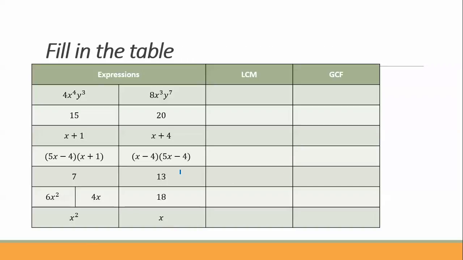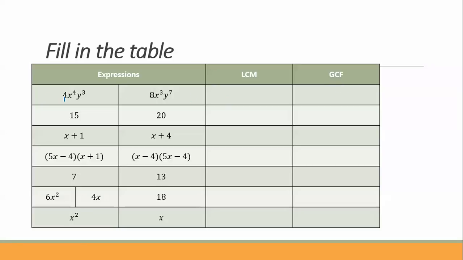So let's look at all of these. There's a couple different possibilities. The least common multiple of 4x squared y cubed and 8x cubed y to the seventh. The multiple is going to be the larger. The factors are smaller.